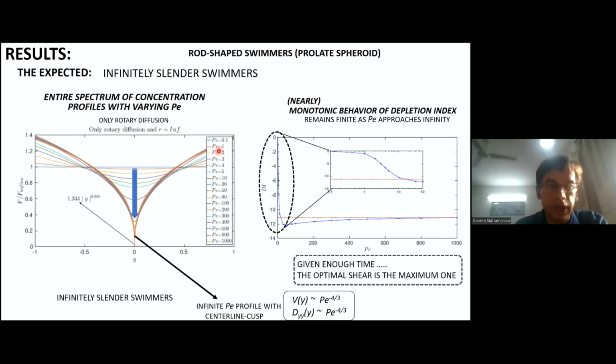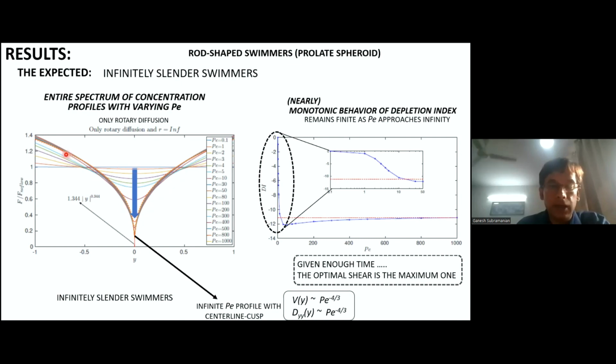What's plotted on the left-hand side is a bunch of concentration profiles as Peclet increases from small to large values of order 1,000. At the smallest values, the concentration profile is practically uniform. And as the shear increases, as the Peclet increases, you have a dip at the center.